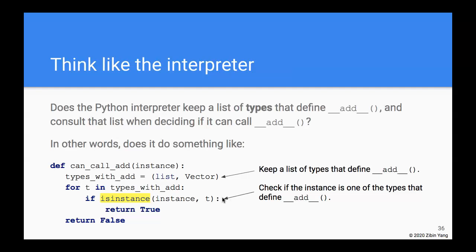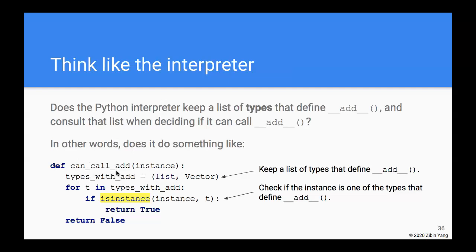We're going to talk about one of them first, and that is it can keep a list of the types that actually define the __add__ method. Then when it's trying to decide if it can call the __add__ method given a particular instance, it will look: does that instance belong to one of the types in the list? So in other words, it can do something like this, and I'm actually writing out this approach in Python code.